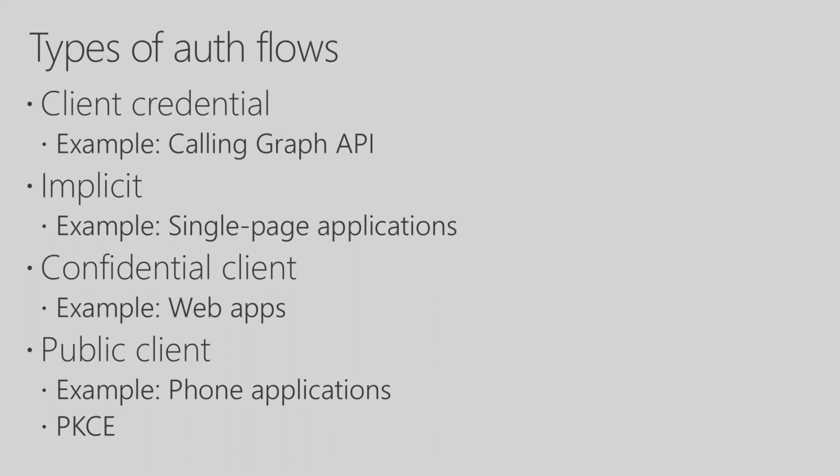So the implicit flow. The implicit flow is, I guess what you might say, the easiest OAuth app. You can sort of get it running in a couple of minutes. In this one, the relying party makes a request to the IDP, which is B2C, saying response mode equals query, which means that you'll get the token back. Oh, no, sorry. Response type equals token, I should say. My mistake.